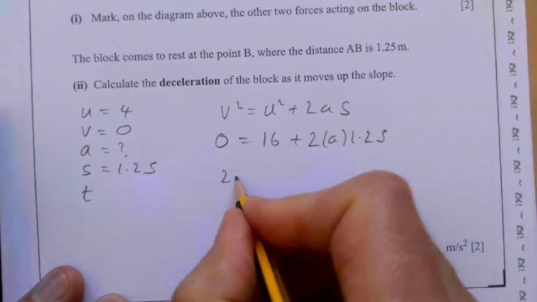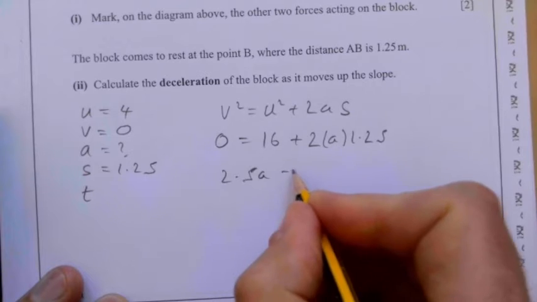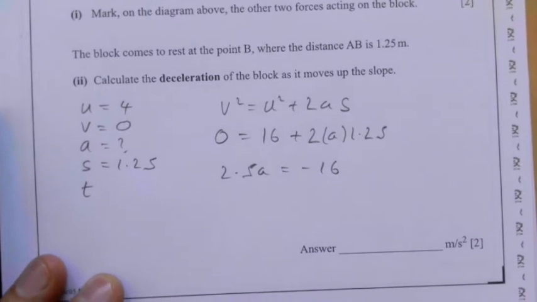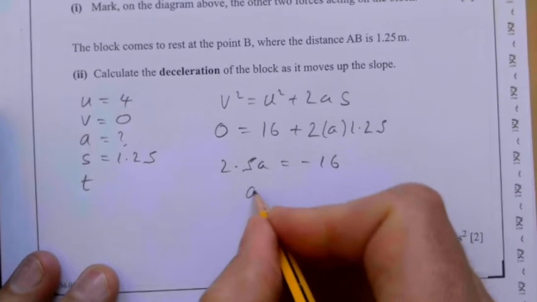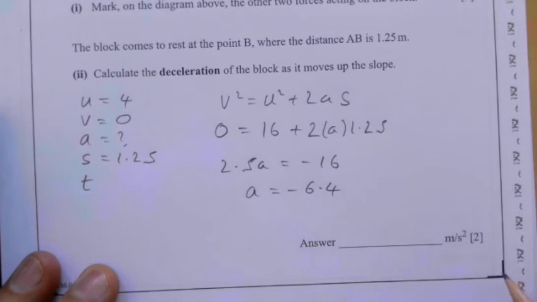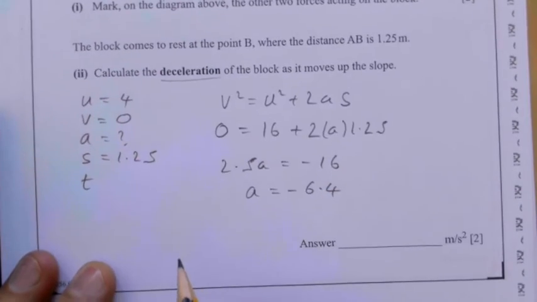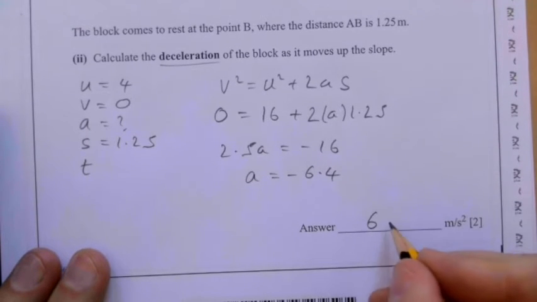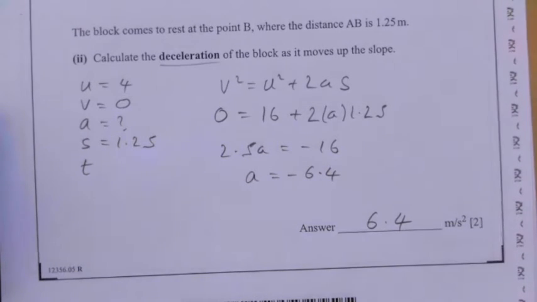So 2.5A is minus 16, and A then is minus 6.4. They have asked again for deceleration, so just be careful that we put in a positive 6.4 like that.